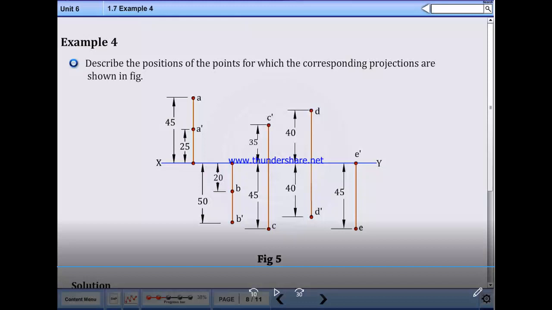C dash above XY line 35 and C below is 45. D above XY line is 40 and D dash below XY is 40. E dash is on XY line and E below XY is 45. So now we can discover the positions of the points for which the corresponding projections are shown in figure.